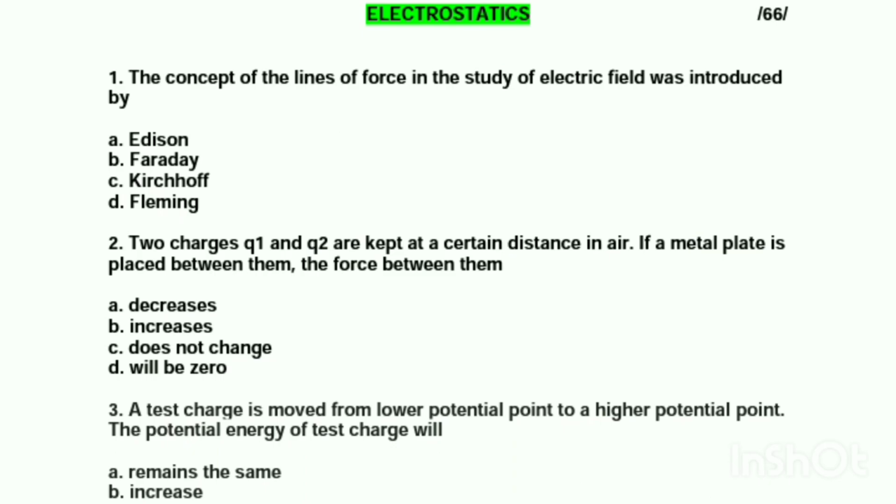The concept of the lines of force in the study of electric field was introduced by Faraday. B தான். அடுத்து two charges Q1 and Q2 are kept at a certain distance in air. If a metal plate is placed between them, the force between them என்ன ஆகும்னு கேட்டிருக்காங்க, increases.